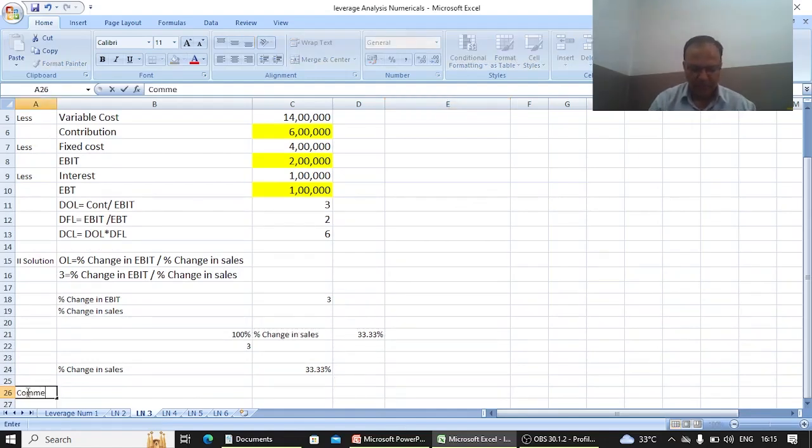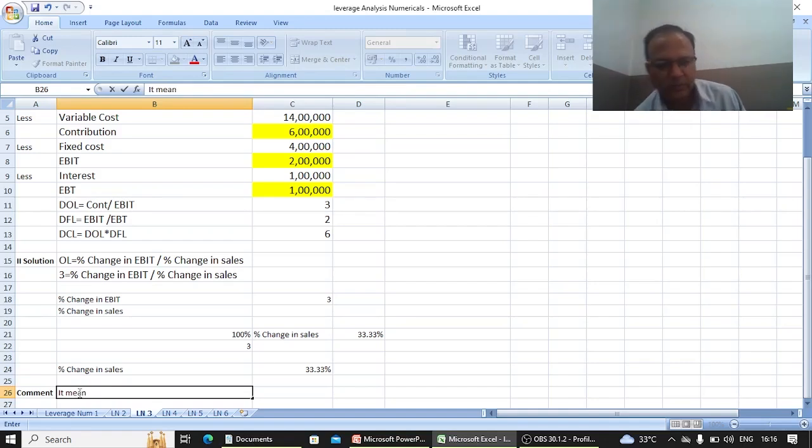Comment. It means to double its EBIT, a firm will have to increase its sales by 33.33%.